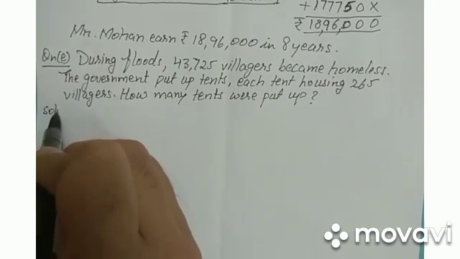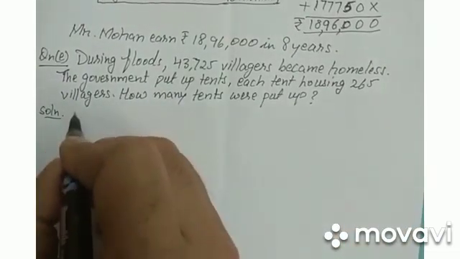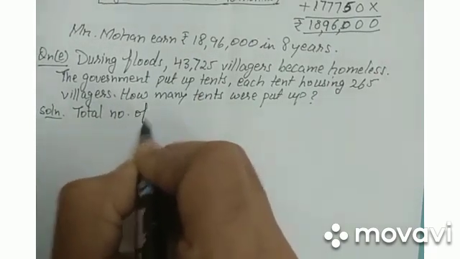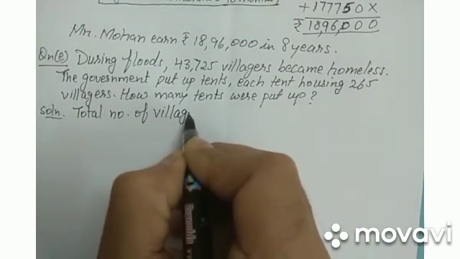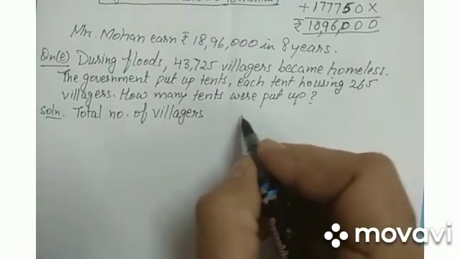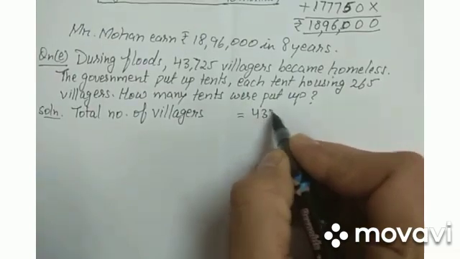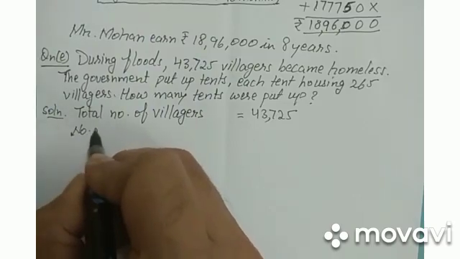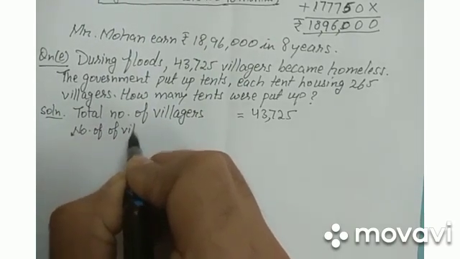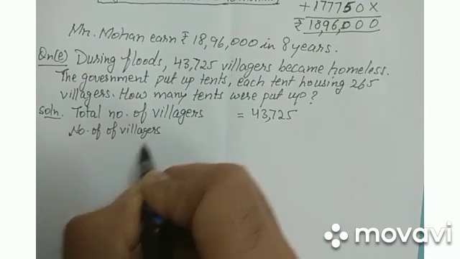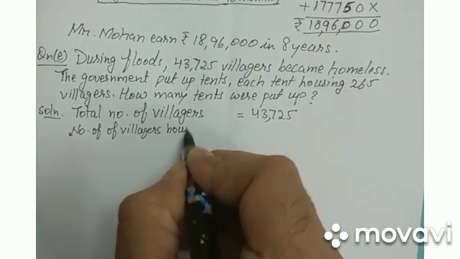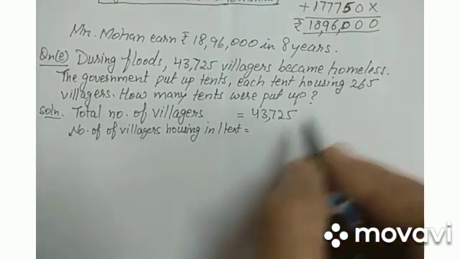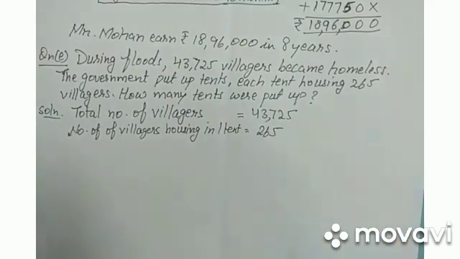Let us solve the question. What is given is the total number of villagers. So the total number of villagers is 43,725 and the number of villagers housing in one tent is 265.